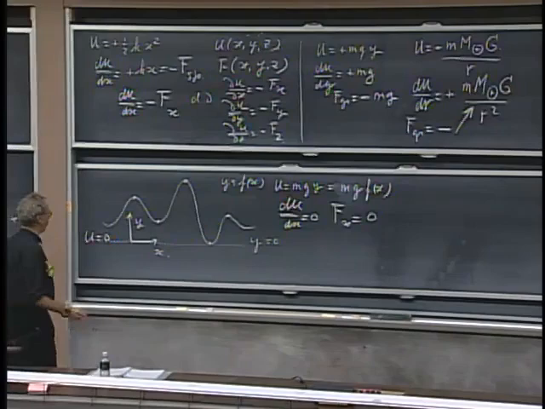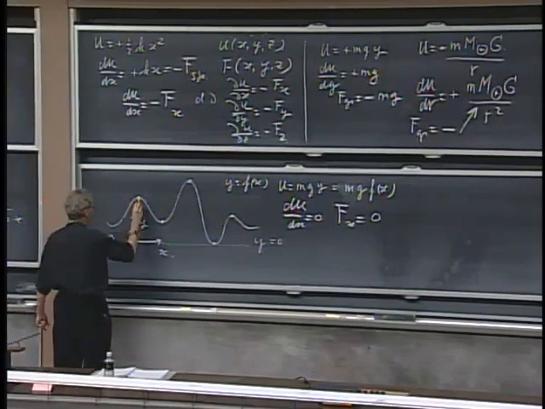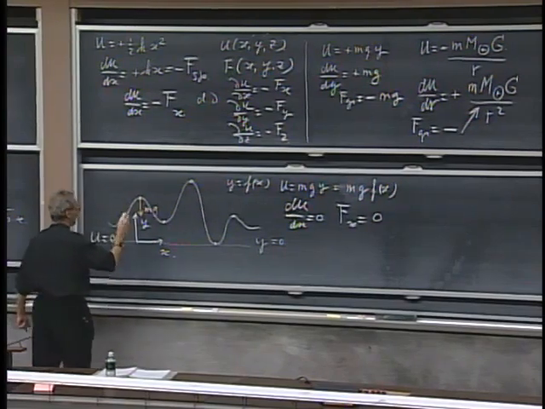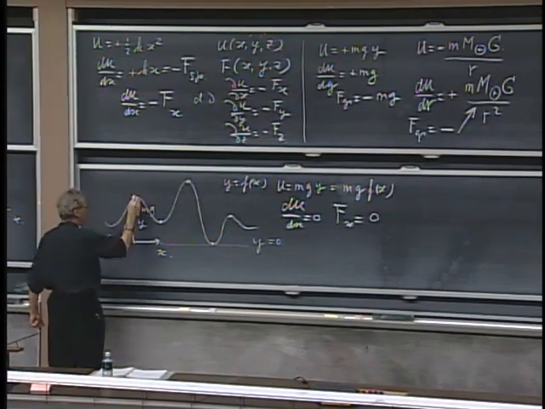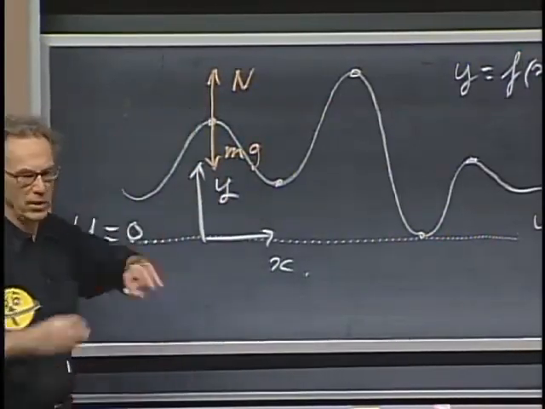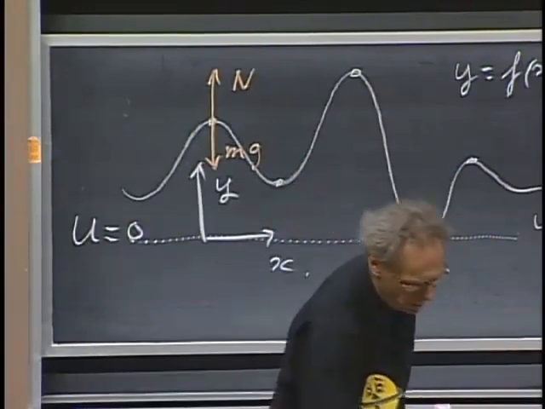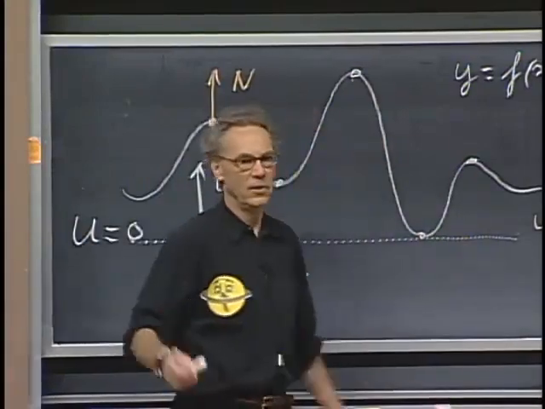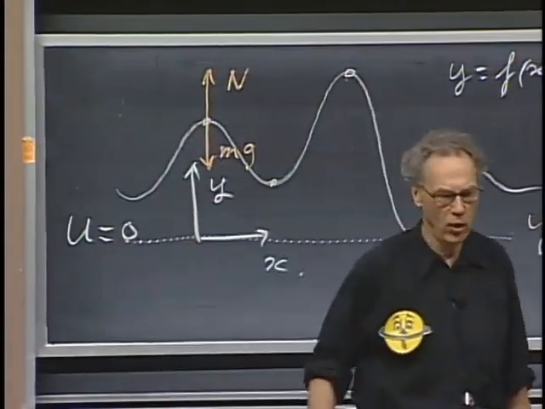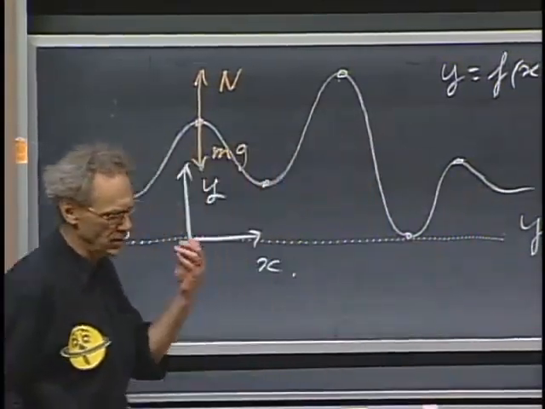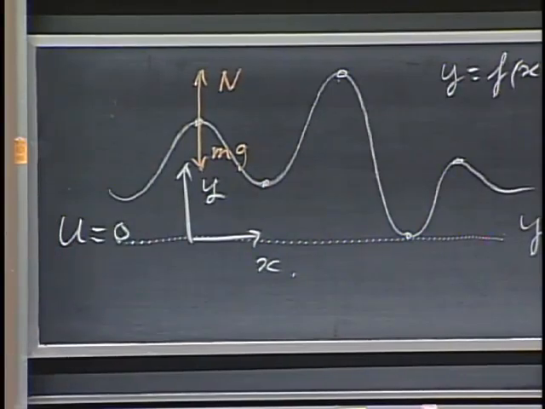So if we visit those points, there is of course gravity, mg, on an object there in the minus y direction, and there is a normal force in the plus y direction, and these two exactly cancel each other. So the net result is that there is no force on the object at all, so the object is not going to move, it's going to stay put.